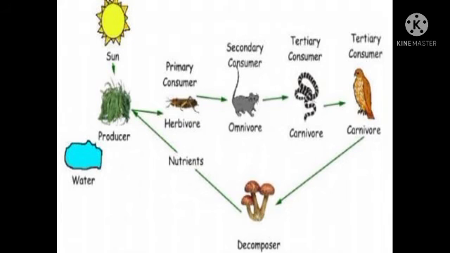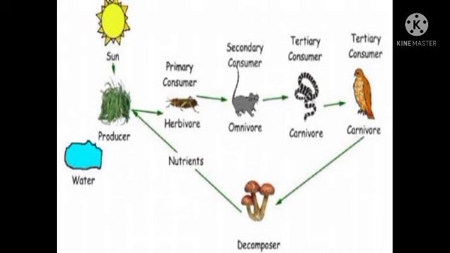Here comes the picture of the lifestyle of plants, animals and fungi. Here in the producer you can see grass, where grass is a plant and it is known as producer because it prepares its own food. Now, various animals are dependent on grass, like a grasshopper will eat grass, so it is consuming energy from the plant, that is our producer.